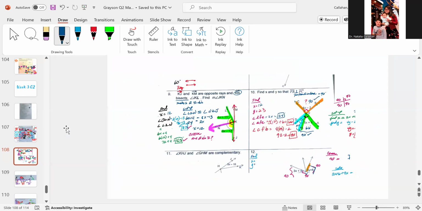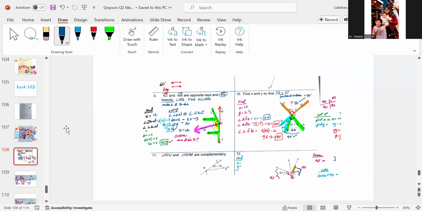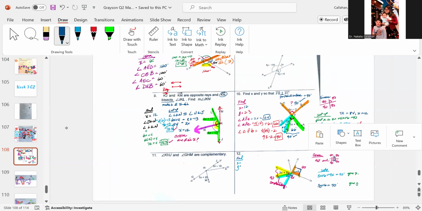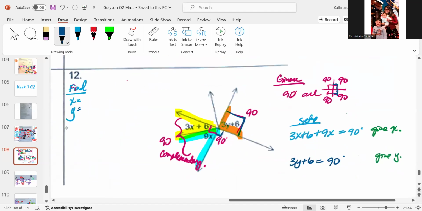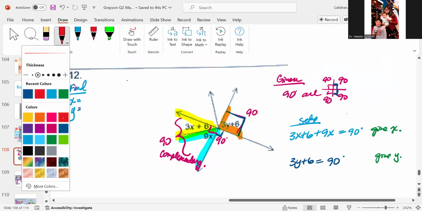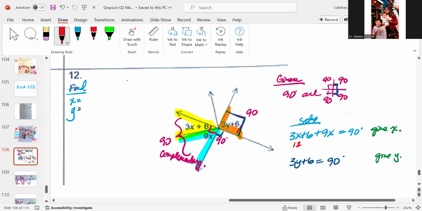The other one that we went over was number 12. So I'm going to go over number 12 with you as well. For number 12, find x and y, and then we're just going to plug in the numbers, right? We set this up, so then for this one, to solve for x, 12x equals 84. I feel like this is just over and over again. x equals 7.